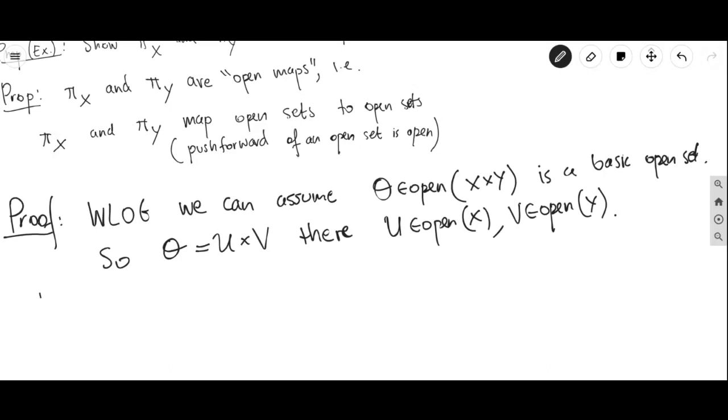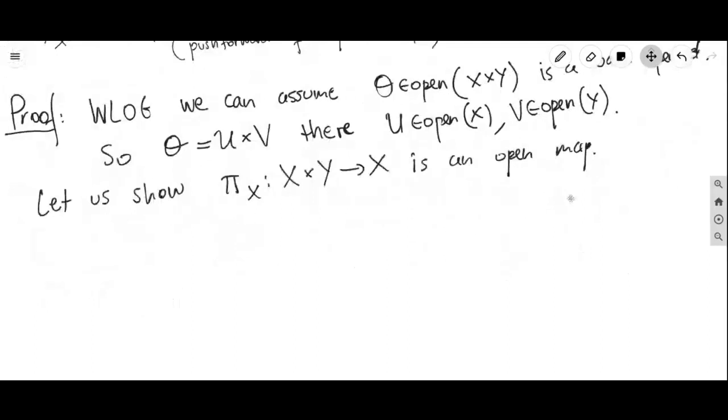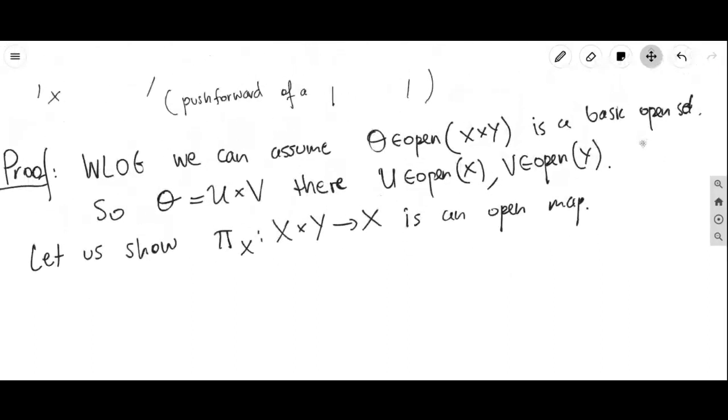Let us show that pi X, the projection onto X, is an open map. So we want to prove this is an open map, so we have to pick an open set in the product space, and we can assume that that open set is a basic open set. I'll tell you the reason afterwards.